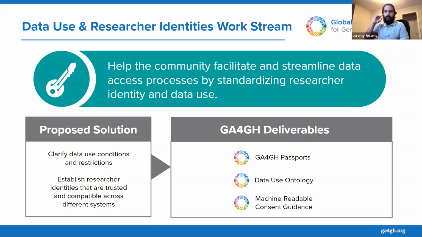First is the GA4GH passports. Passports is a standards-based digital identity for researchers that facilitates their access to distributed data across various systems and platforms. The passport includes ways to express rights to data access for fine-grained permissions and specific data sets.